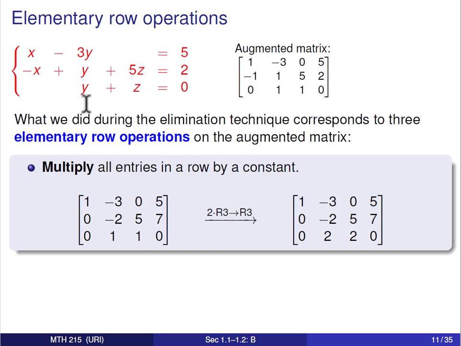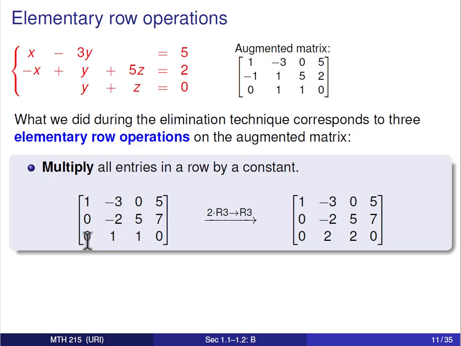And in the same way, what we can do is multiply all entries of a row by a constant. Now we're only doing this to one particular row, and the constant that you use has to be multiplied onto each term of that row.